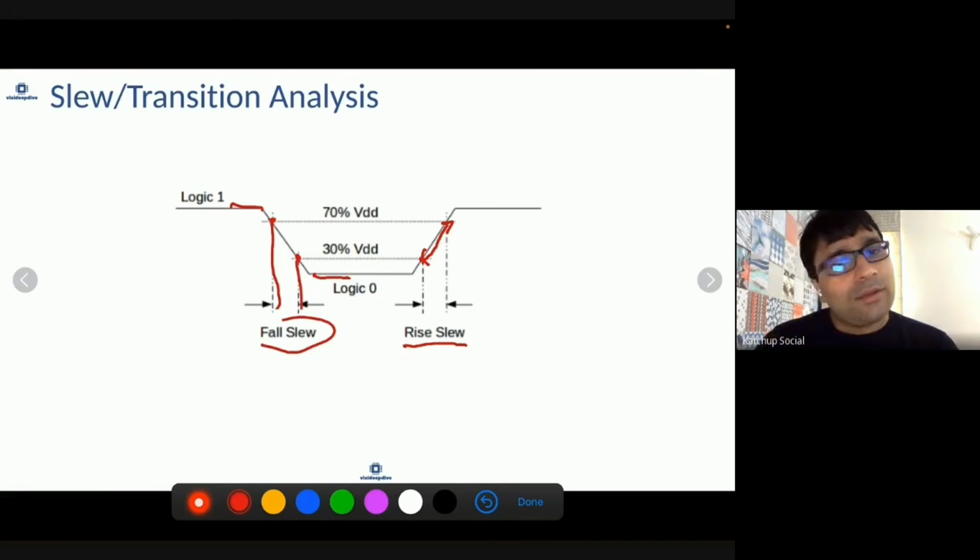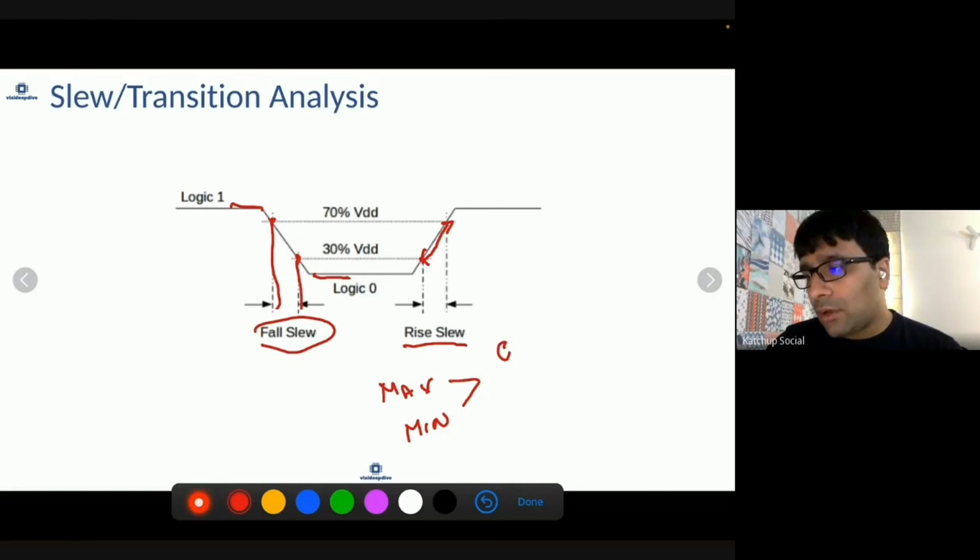In STA, there is a specific constraint you can specify to ensure that these slew or transition values have a maximum and minimum value. So you can tell STA that these transitions can have a maximum value of, say, X and a minimum value of Y, and then STA will check throughout the design whether these transition or slew values are being maintained. Why is this important?